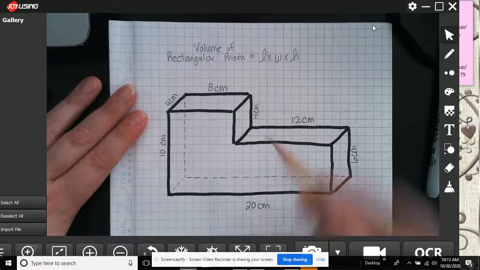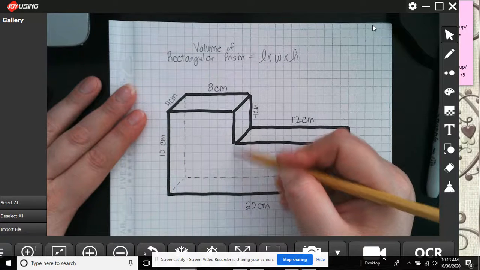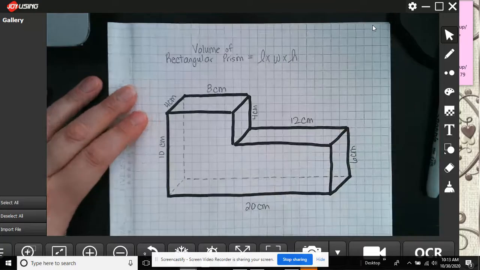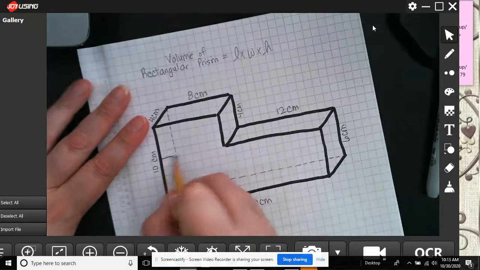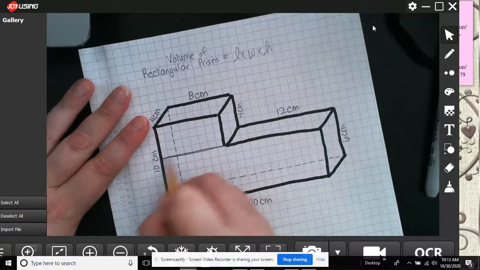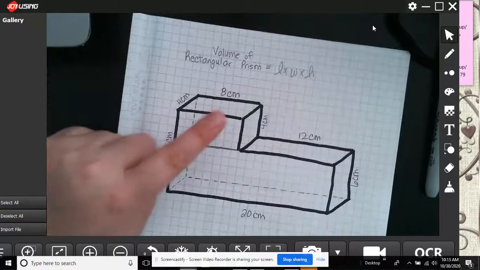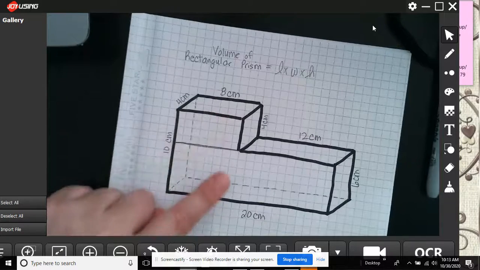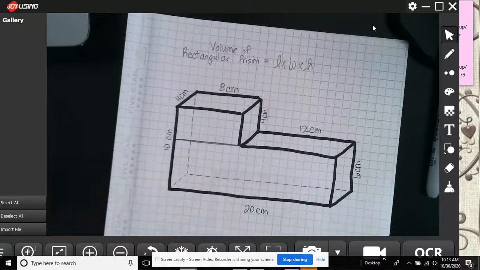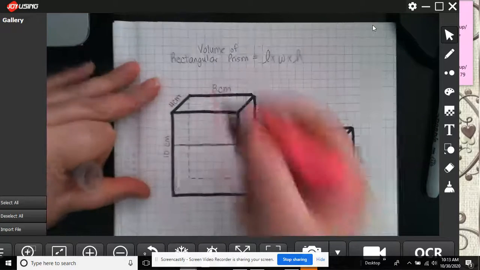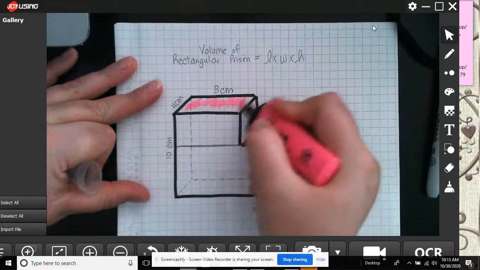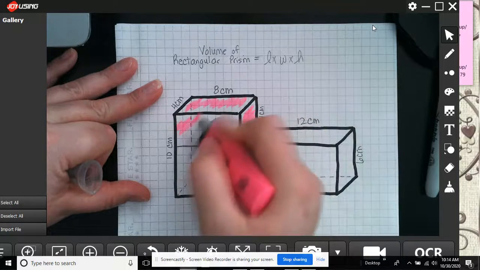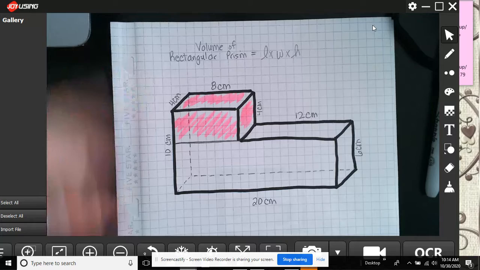Well, in the first video, I split it vertically. So in this one, I'm going to split it horizontally. So then I have this rectangular prism up top and this rectangular prism down below. And again, I'm going to show using some color just to help you visualize the two rectangular prisms.